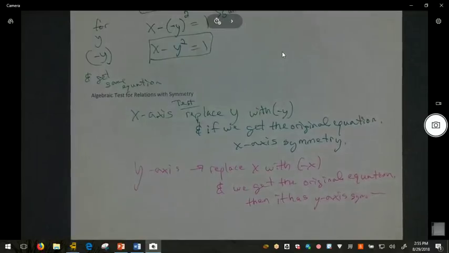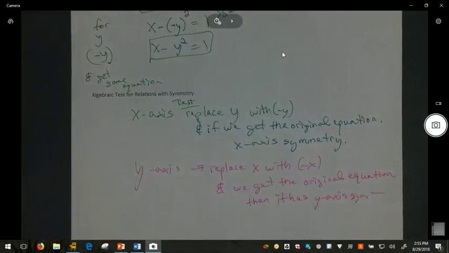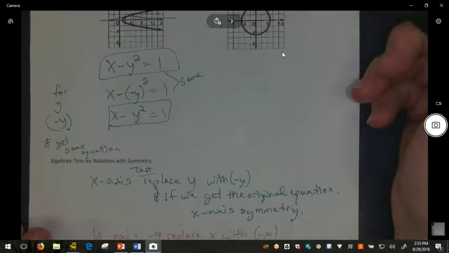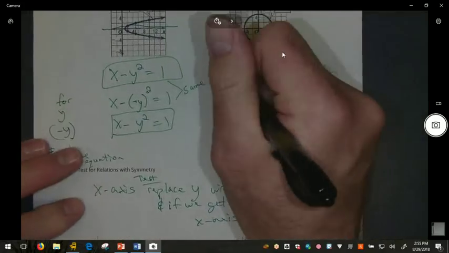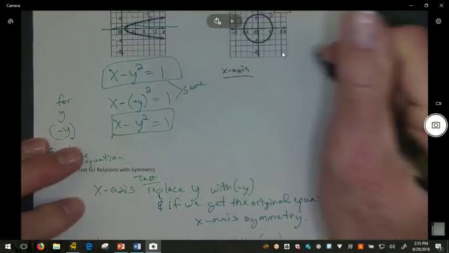So let's look at that. For this function, for letter B, does it have x-axis symmetry? We're going to test for x-axis symmetry.